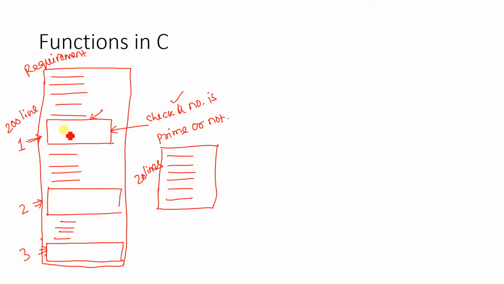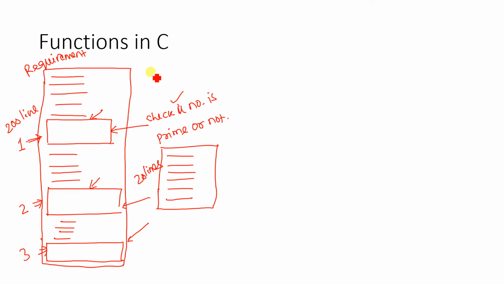Similarly, after writing some code, you need the same code again, so you need to repeat the same 20 lines over here also. Similarly, you need the 20 lines at this place also, right? So you are writing the same code in three different locations. That means 60 lines: 20 plus 20 plus 20.